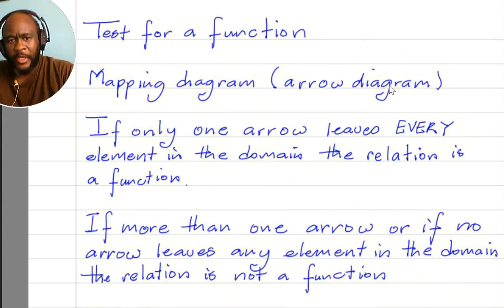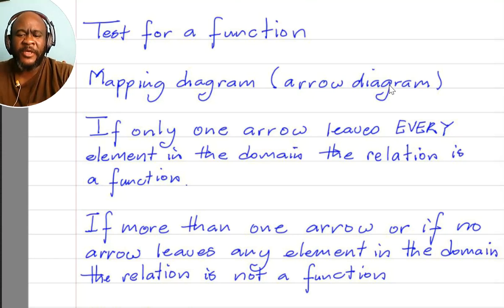Function. How to test for a function. A function may be represented as a mapping diagram, may be represented as a set of ordered pairs, may be represented as a graph. Now, how do I determine by inspection if a relation represented as a mapping diagram is or is not a function?